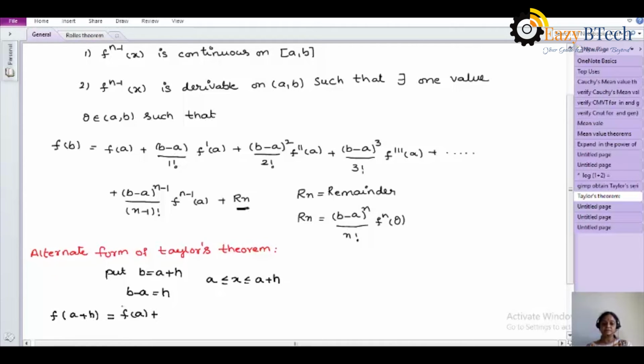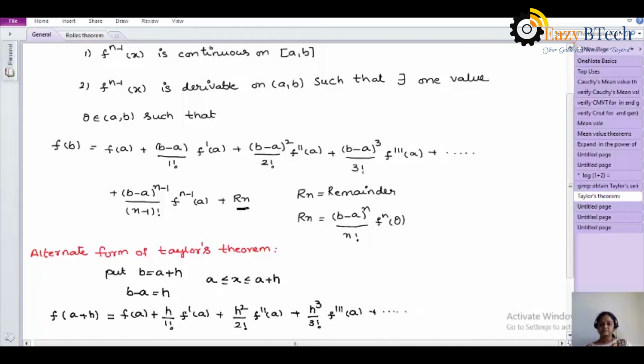In the place of b minus a, substitute h. So h by 1 factorial into f dash of a, and similarly b minus a whole square is nothing but h square by 2 factorial into f double dash of a. In the place of b minus a whole cubed, h cubed by 3 factorial into f triple dash of a, and so on.